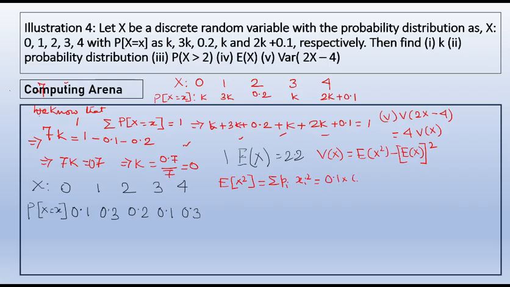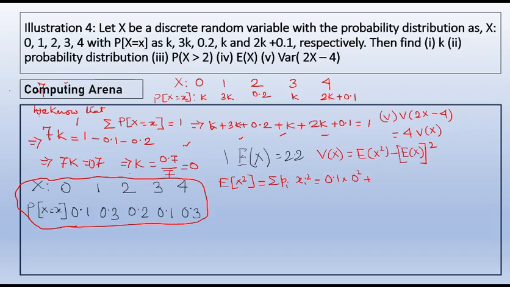So, this is equal to 0.1 into 0 squared plus next, here we have the probability mass function given. We will actually use those. From here we are reading the data.